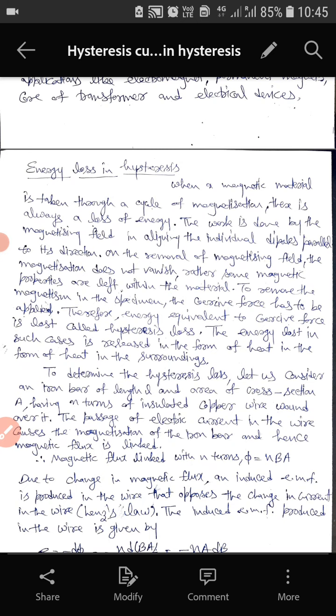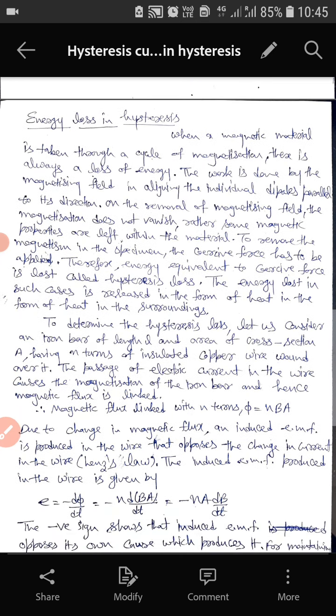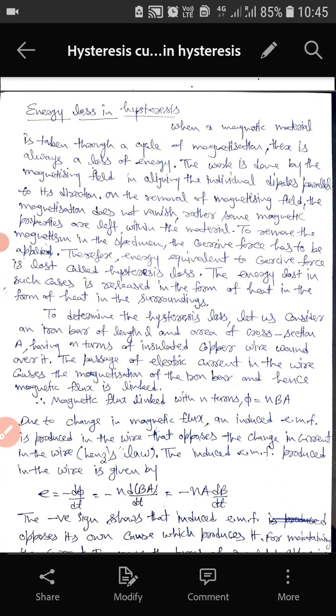The work is done by the magnetizing field in aligning the individual dipoles parallel to its direction. But when we remove that external field, the magnetization does not vanish. Rather, some magnetic properties are left within the material, which we call residual magnetism, given by the retentivity of the material.